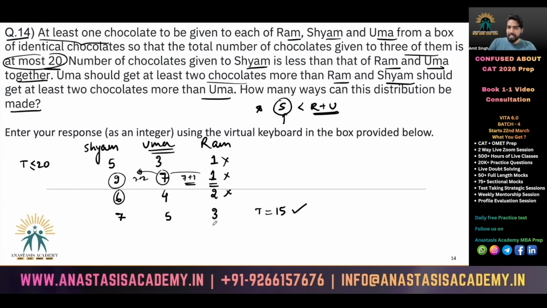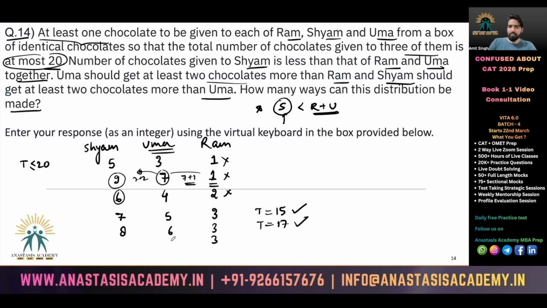Then I can have 3, 6, and 8. 6 and 3 is 9, yes, 8 is less than 9. The total is 8 and 6, 14, and 3, 17. This is also acceptable.